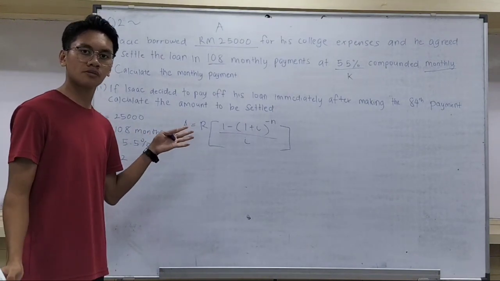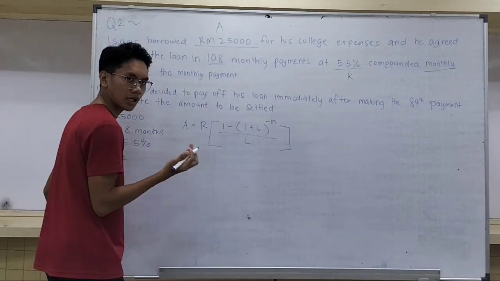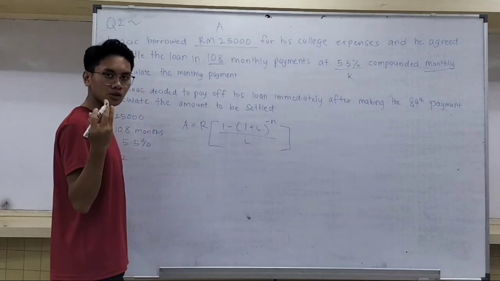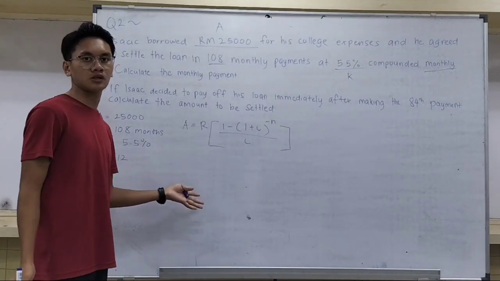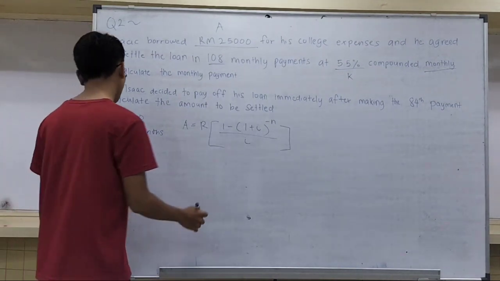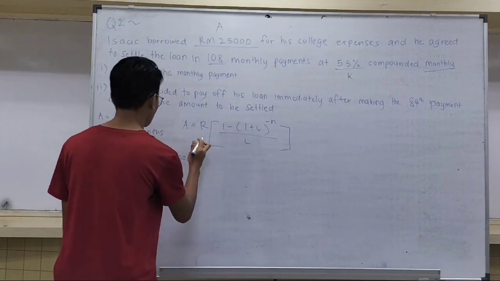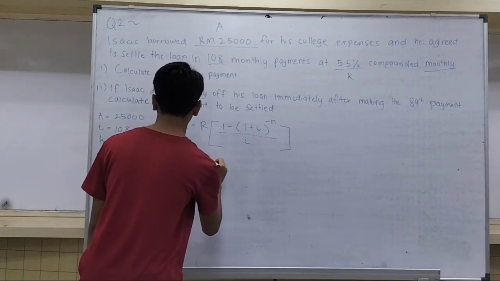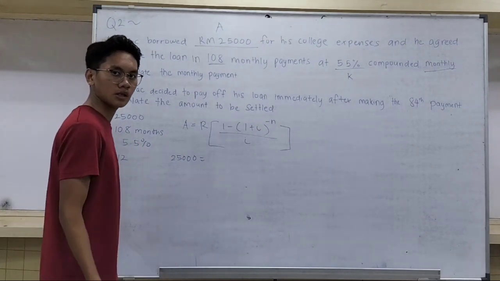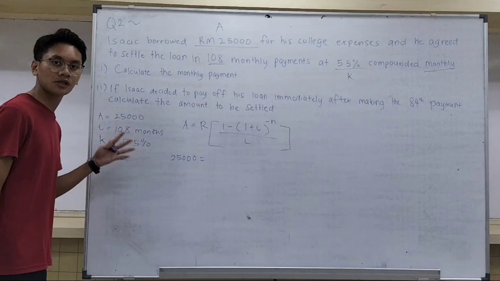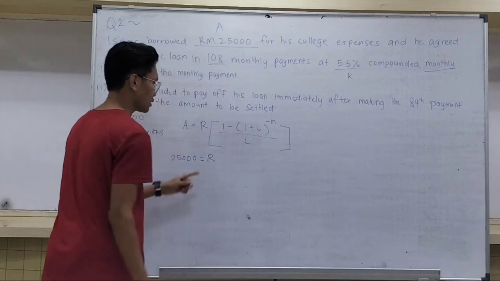You need to memorize it. Okay? So all I need to do is put all the information in the formula right now. A, 25,000, equals R. R is not given here, so we just put R here.